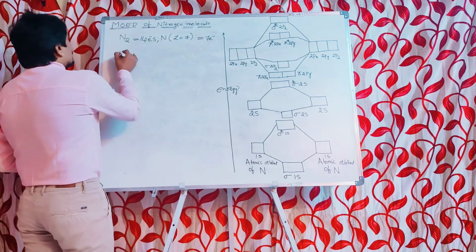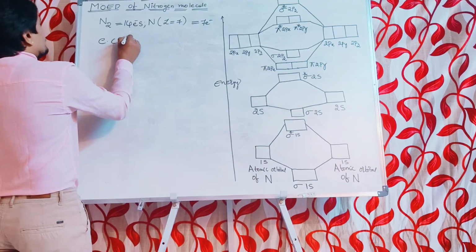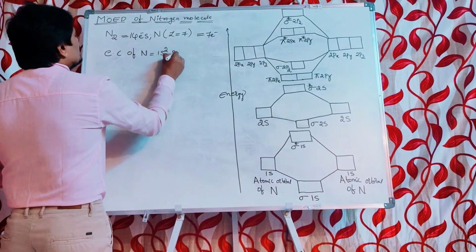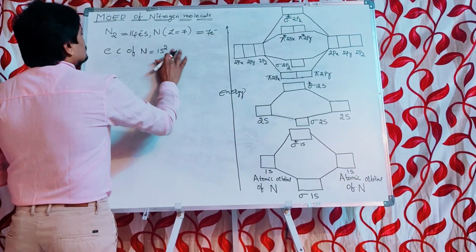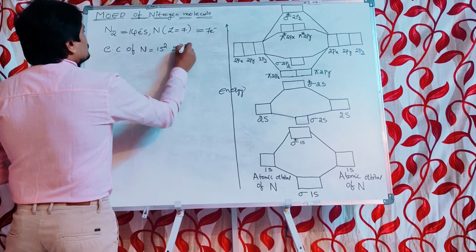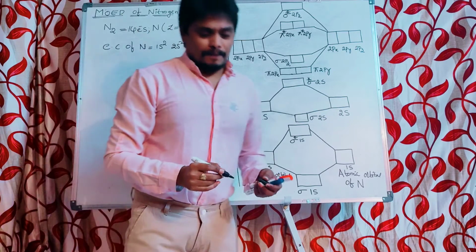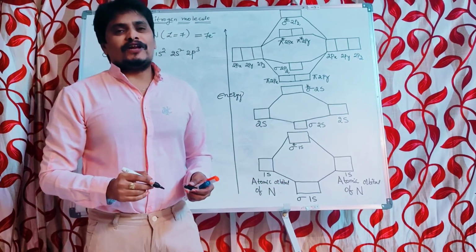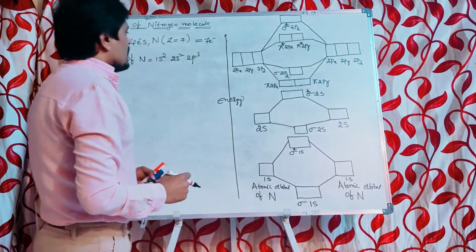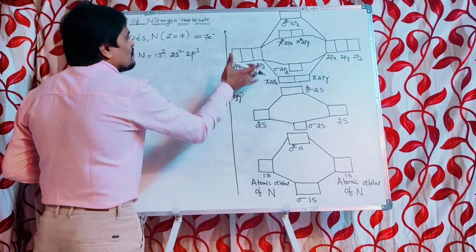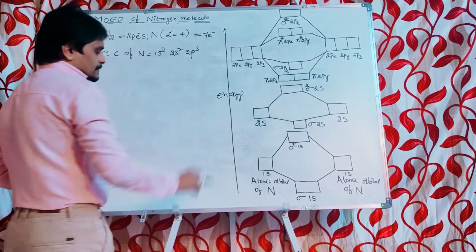So the electronic configuration of nitrogen is 1s2, 2s2, 2p3. Now, this is how we can draw the molecular orbital energy diagram of the nitrogen molecule.